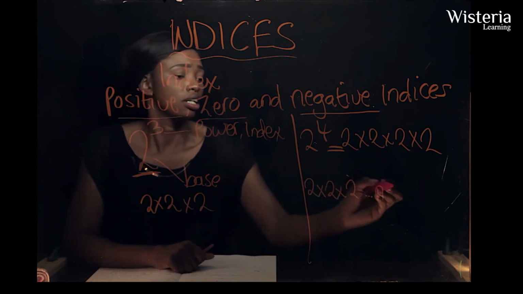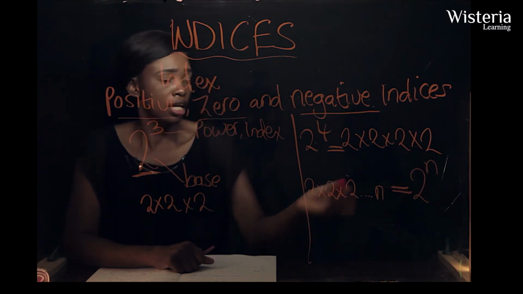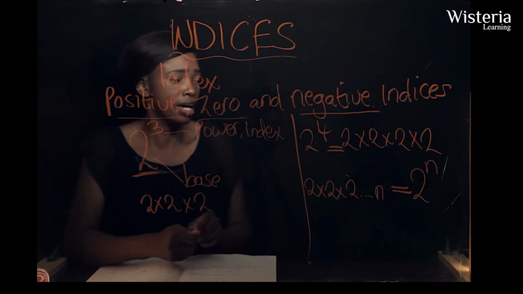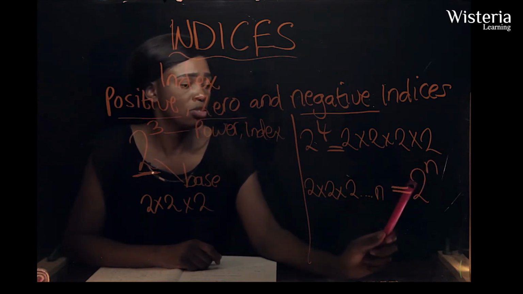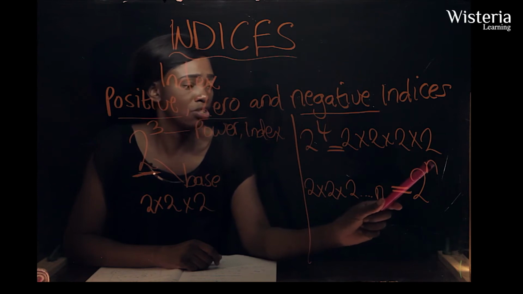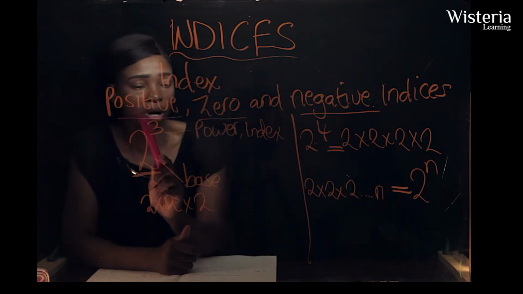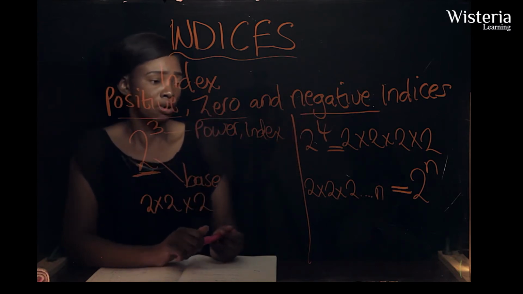We can equally write this as 2 to the power n. n will represent the number of times 2 has been multiplied. This n can represent any number that 2 can be raised to. So we can have a positive power, and we can also have a negative power.